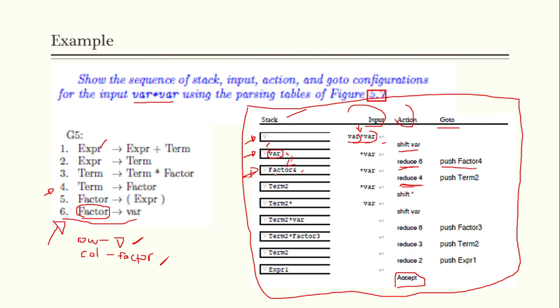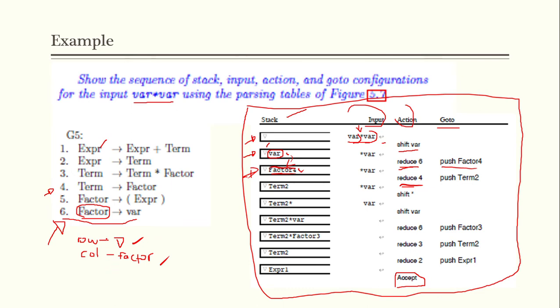That means you have a factor here that you need to replace with another stack symbol. The row would be the triangle.